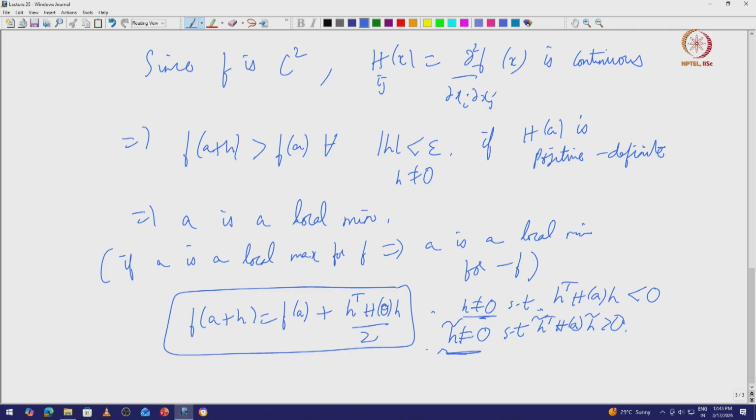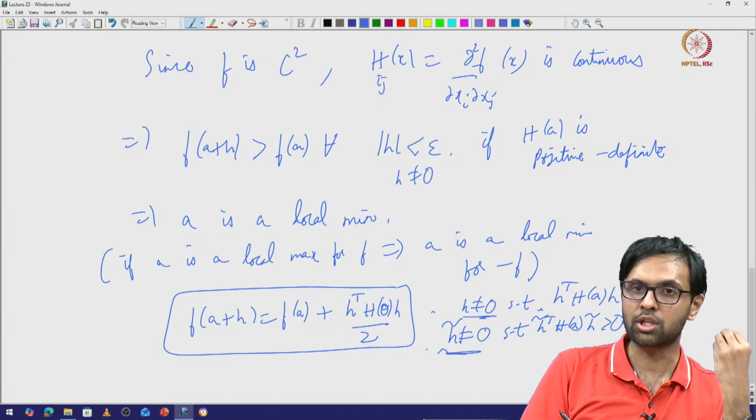So if this were false, no matter how small an epsilon I choose, if such an epsilon doesn't work, which means if I choose epsilon to be 1 by n, then there is some theta n in that small ball, so that h of theta n is, let's say, positive definite. It's either positive definite or negative definite, there are only two possibilities. So for infinitely many values of theta approaching a, h of theta is without loss of generality positive definite. It could be negative definite too, but the same argument would apply.